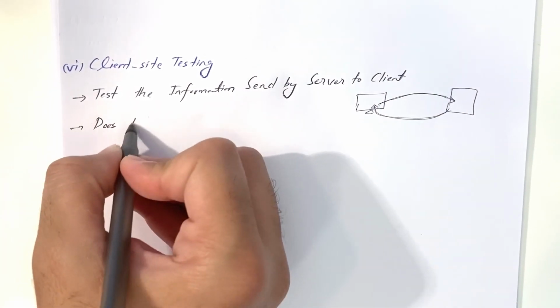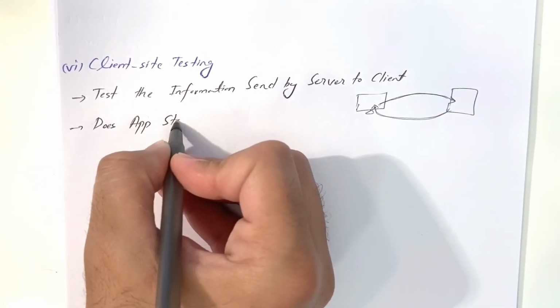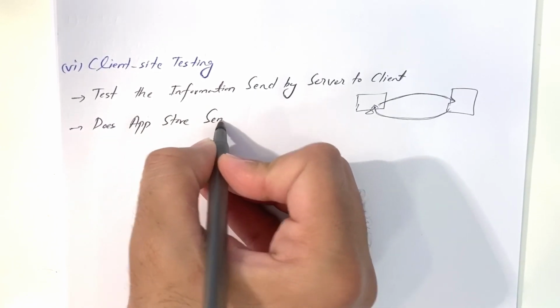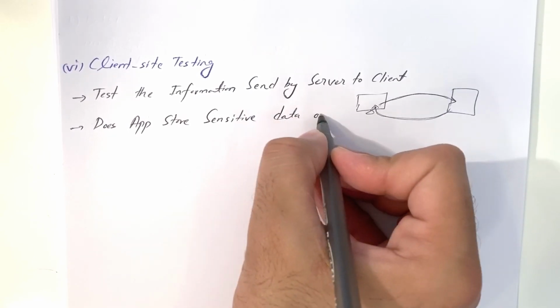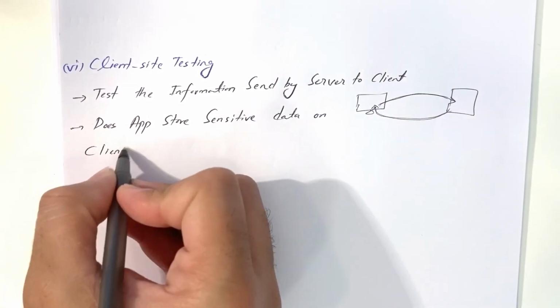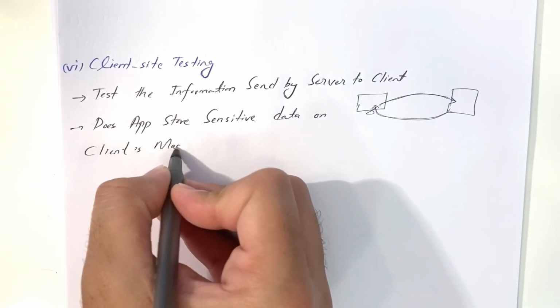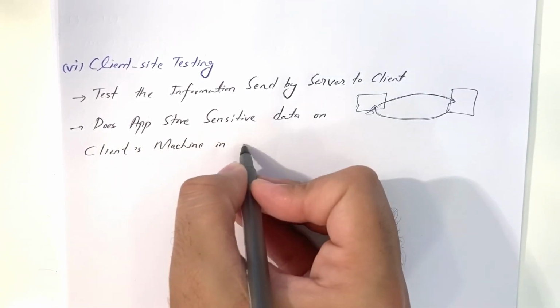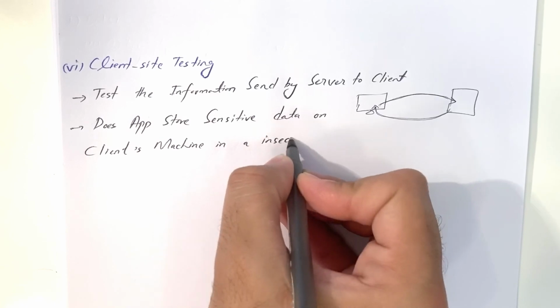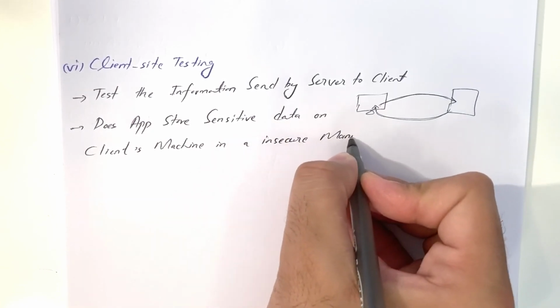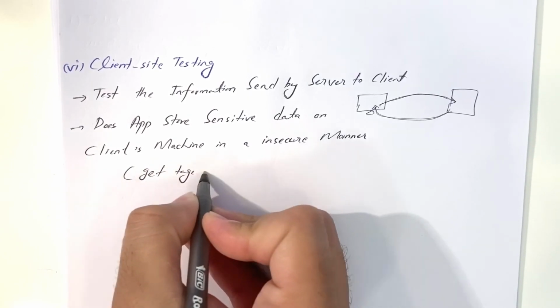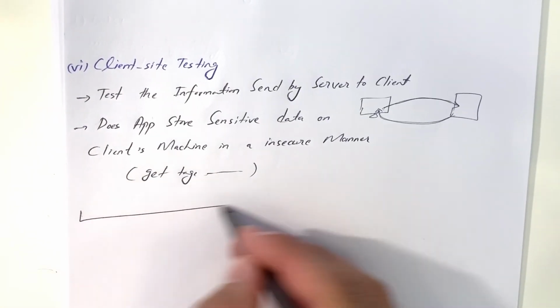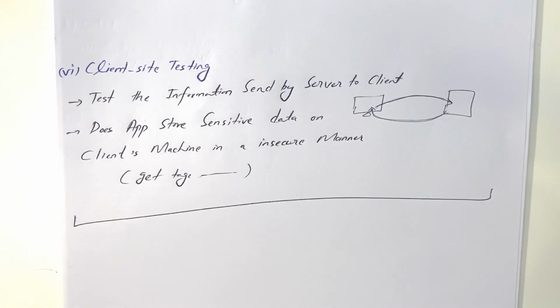Does the application store sensitive data on the client's machine in an insecure manner? For example, like get tag, etc. So that's basically the way we can avoid the vulnerabilities and avoid these web application attacks.